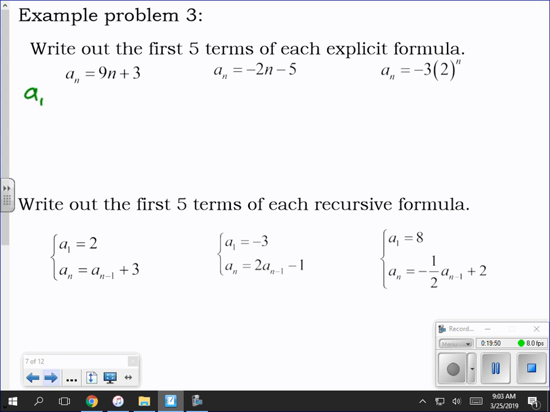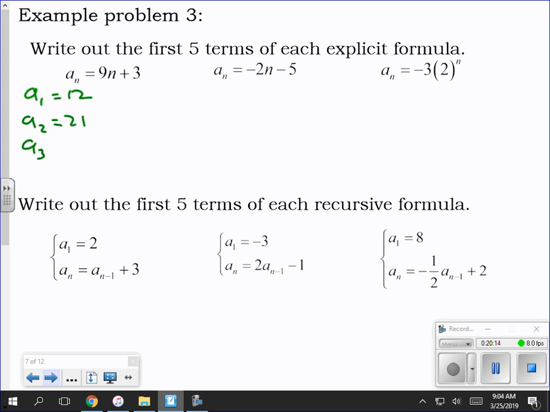So what do I do? I plug in 1 into my formula. 9 times 1 is 9 plus 3 gives me 12. I want A sub 2. N is 2. I plug 2 in for n here. 2 times 9 is 18. 18 plus 3 is 21.